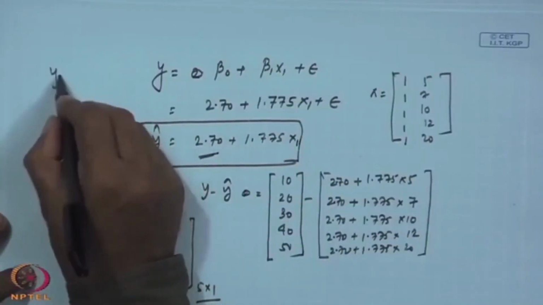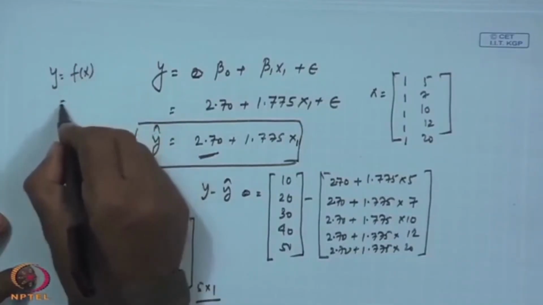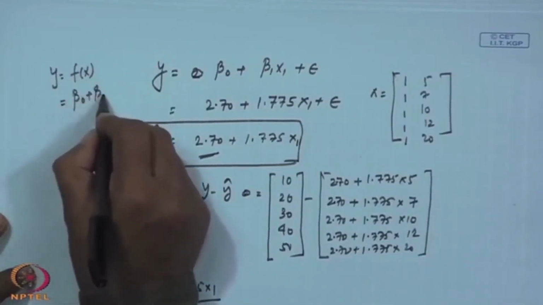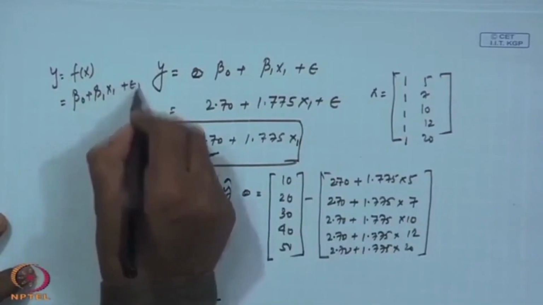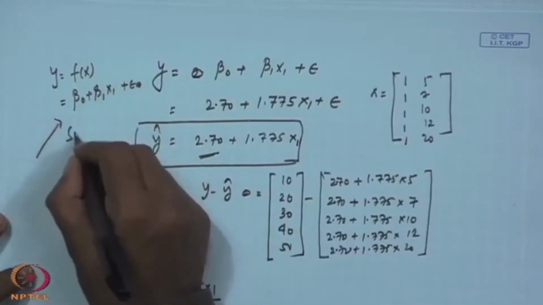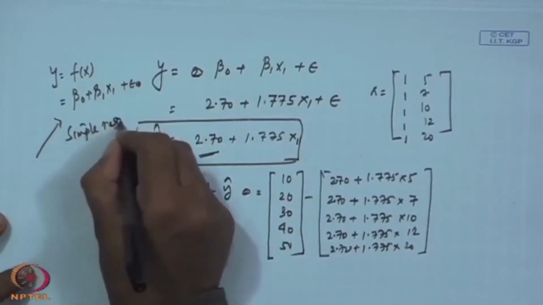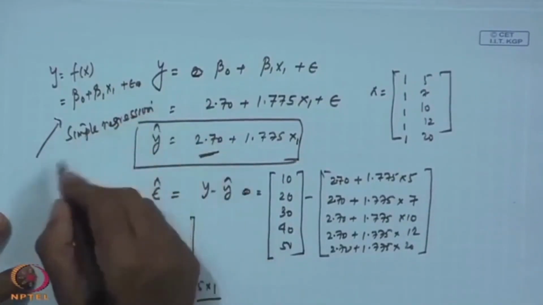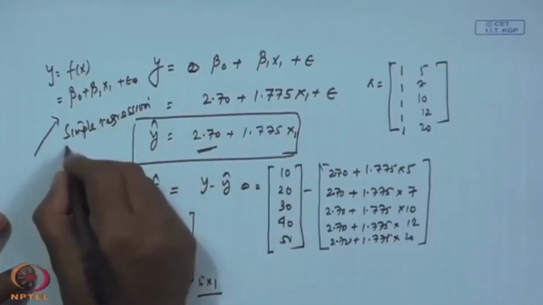Okay. I think this is what is estimation. We have calculated a very simple problem, only one variable at a time. So when you take y as a function of x in the linear model like beta 0 plus beta 1 x1 plus epsilon, only one variable. This regression is known as simple linear regression, that means p equal to 1 case.